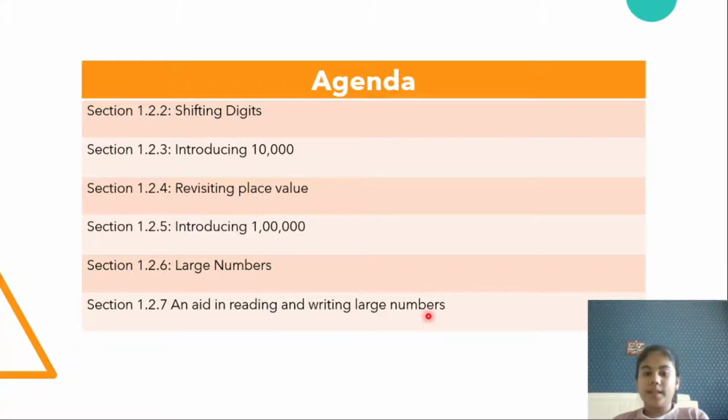I know in my last video of the Knowing Our Numbers series, I said we'll do Section 1.2.5, but then I discovered that these other two sections are really small, so I thought we can cover them now.